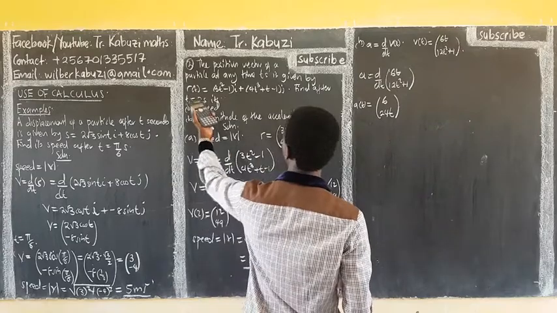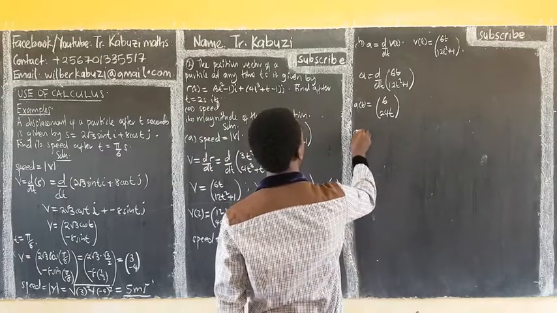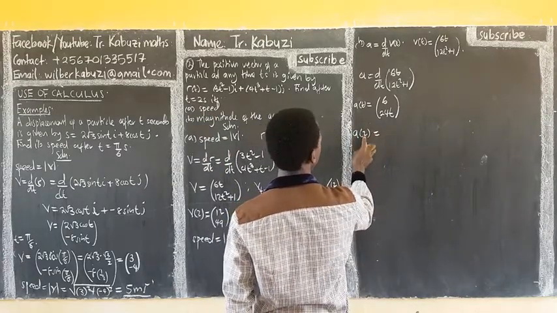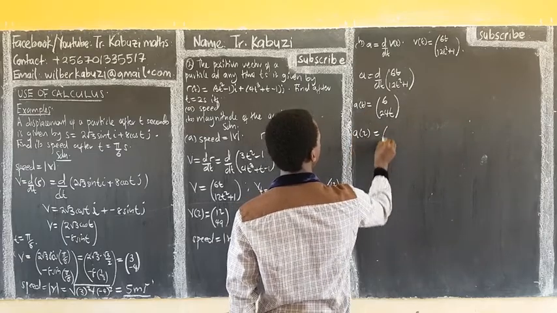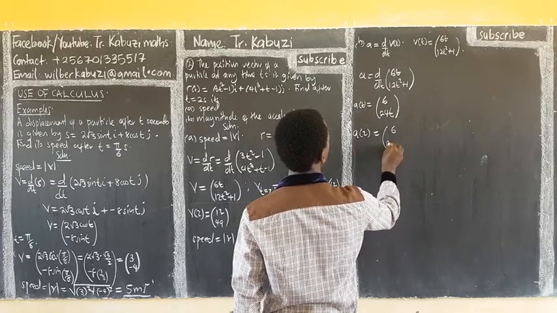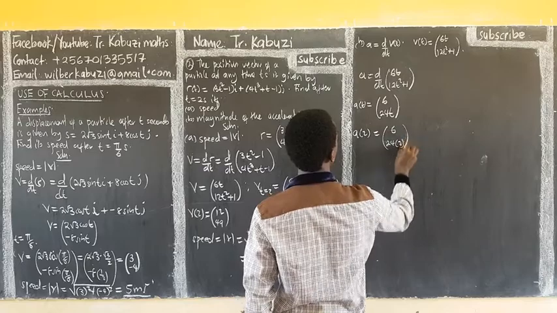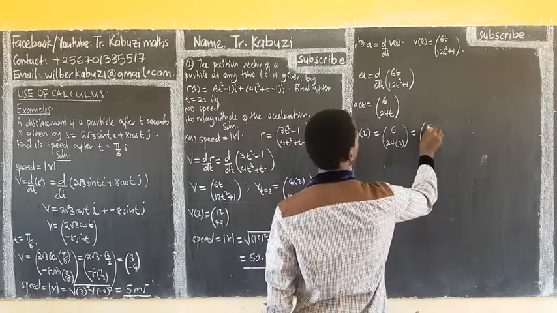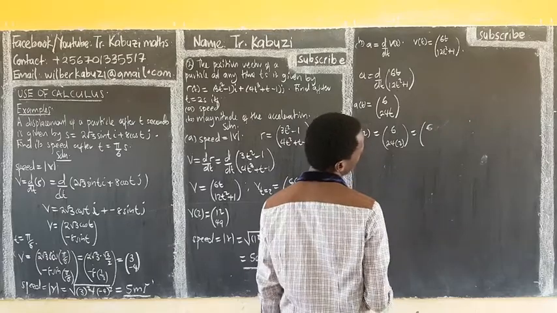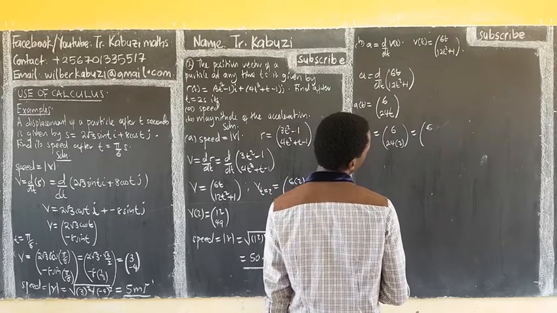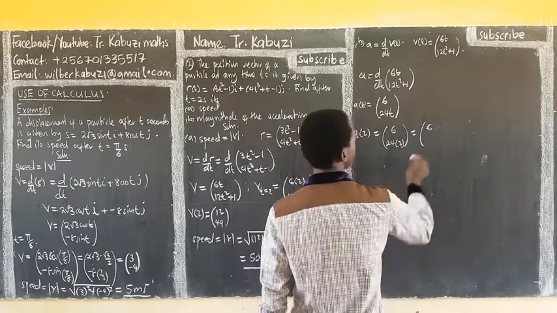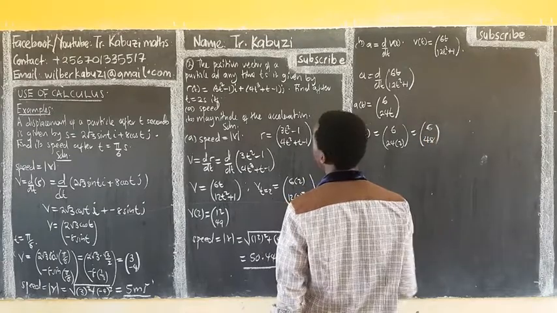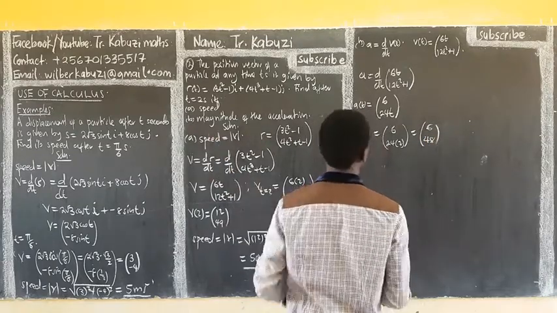When they want it after 2 seconds, rather than t, we put 2. It will be 6, then 24 into 2, which will give us 6 and 48. So they want us to get the magnitude of the acceleration.